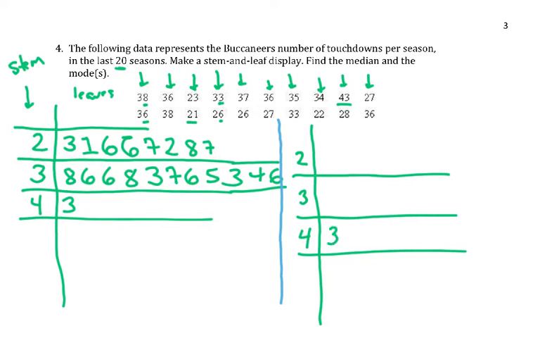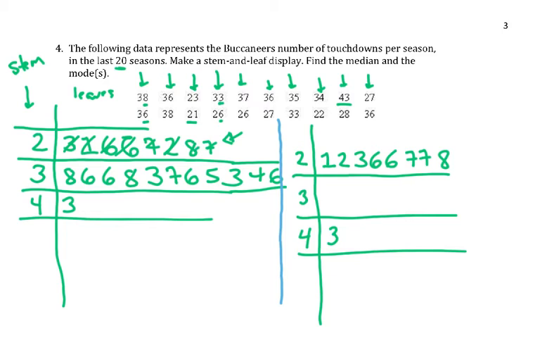So I'm going to carefully put these in order. That means I will go 1, 2, 3, 6, 6, 7, 7, 8. That's done.